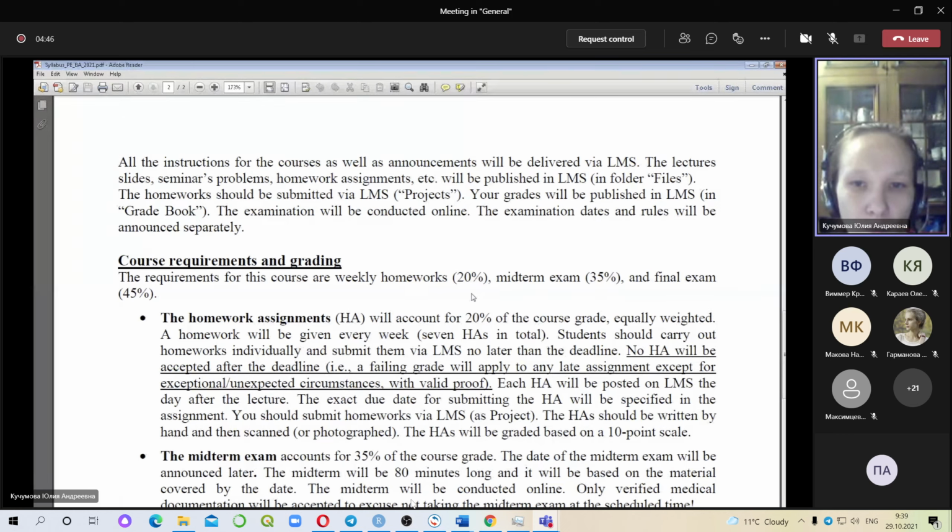So as a project, what I will ask from you is that you write the homework assignment by hand, but then make a photo or scan or something like that, and just upload it to the assigned homework project.